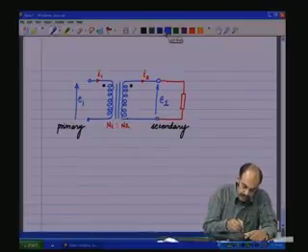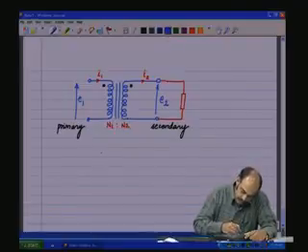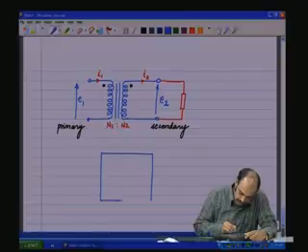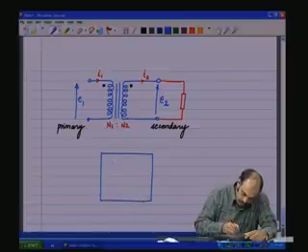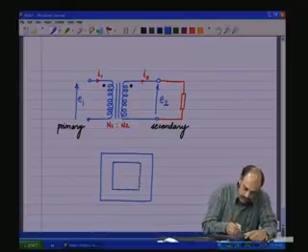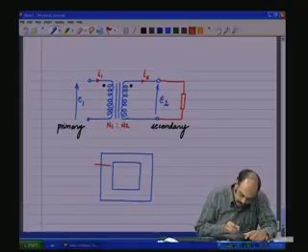Now, let us represent this as our conventional winding that we used to do before with a rectangular core. Let us say we have a core as shown here. There are some windings.